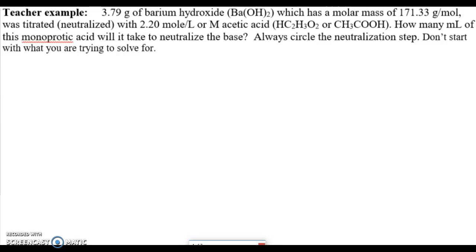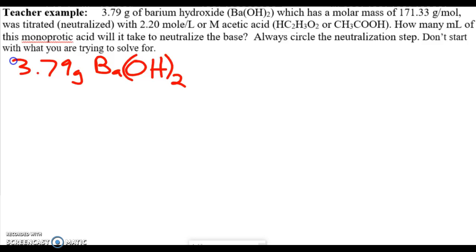So here we go. I'm going to start with 3.79 grams of barium hydroxide. Multiplication sign, division bar. Grams of barium hydroxide are on top, so grams of barium hydroxide go on the bottom.